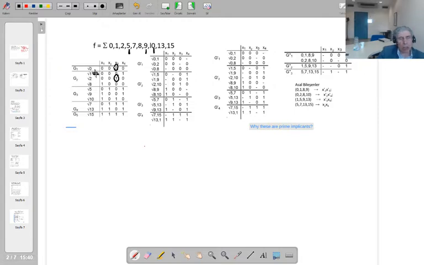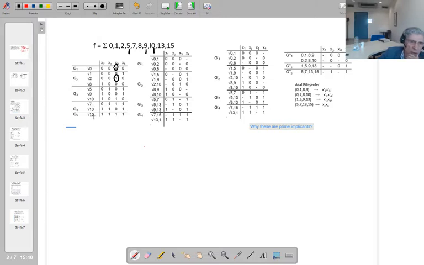The second, you're going to compare 1 with 5, 9, 10, 2 with 5, 9, 10, and 8 with 5, 9, 10. The true minterms in this group and this group are not going to be compared at all because they are non-neighbor true minterms.